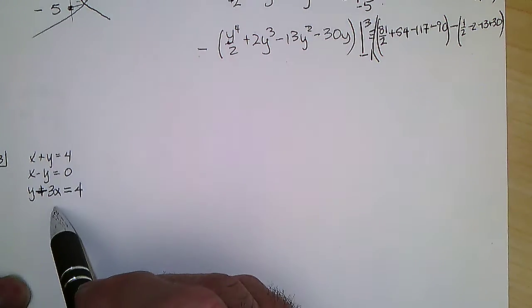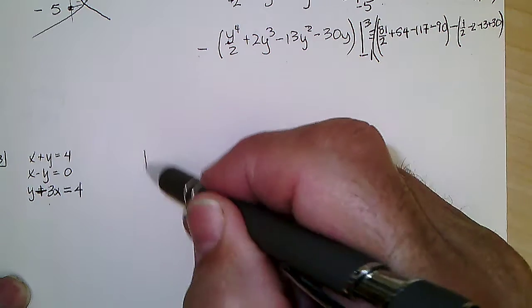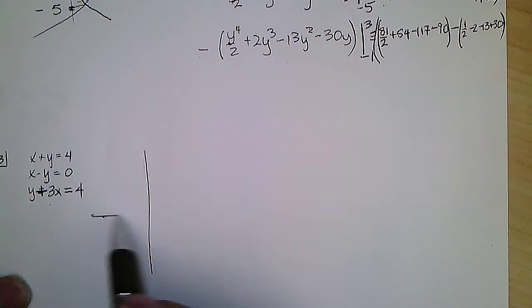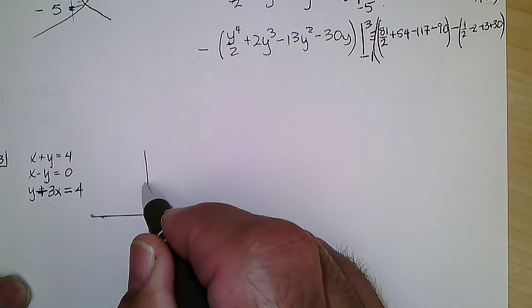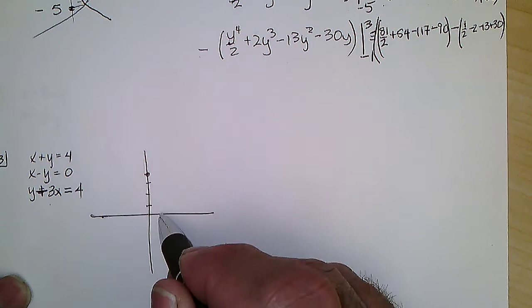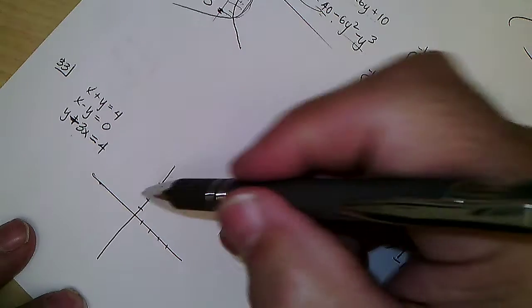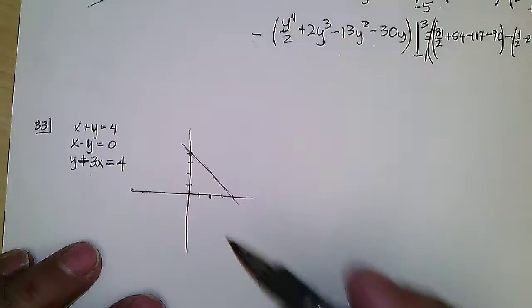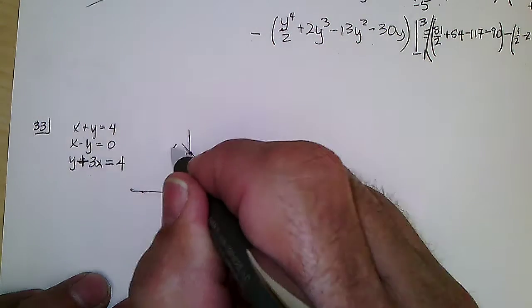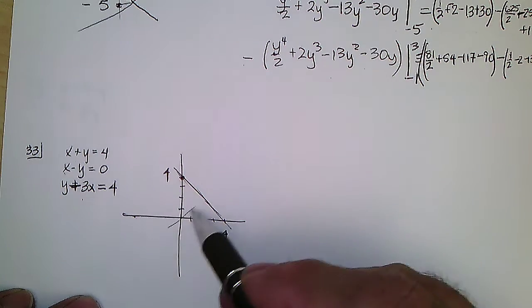Okay, now we got to find the area bounded by this. So I'm going to have to draw a graph. This one goes through plus 4. It has a y-intercept of 4 and an x-intercept of 4. This is y equals x, so that goes like this.